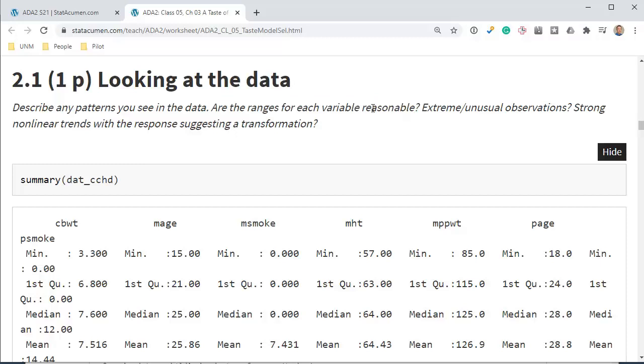And so it's worth putting your intuition to bear on each of these plots to see if what we're seeing is reasonable. Are there extreme or unusual observations? Are there strong nonlinear trends with the response that suggest a transformation?